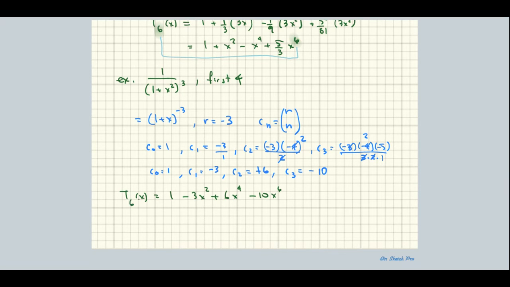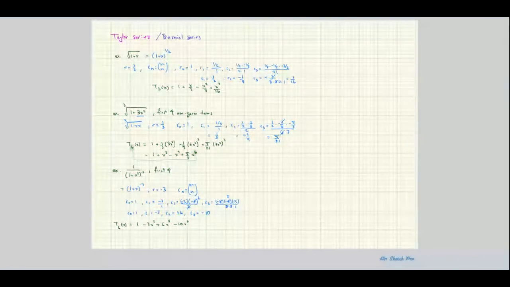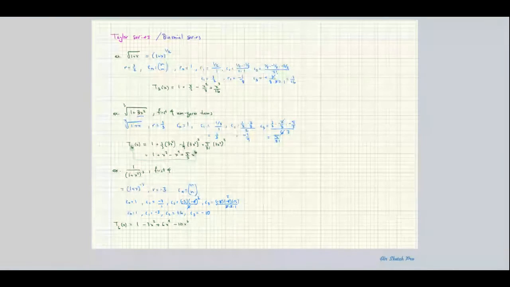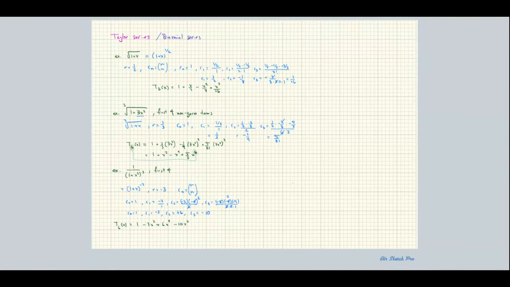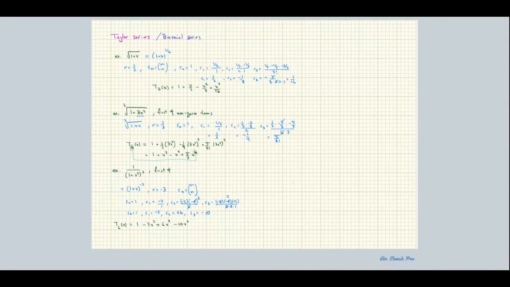Now, there's another finicky little point that we're not going to worry about a lot. I wanted to point out, the radius of convergence of the binomial series is 1.